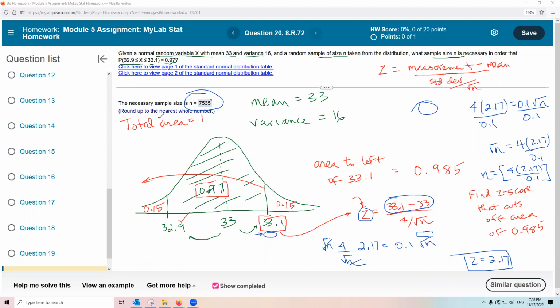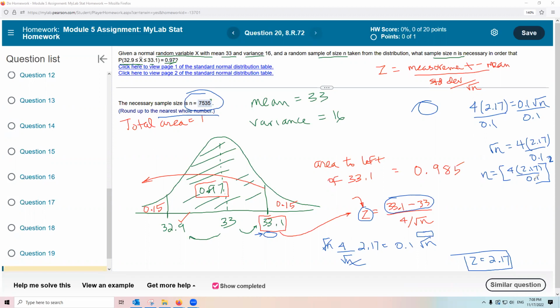Notice the instructions say round up to the nearest whole number. I'm going to work this out because I forgot to put the exponent 2 here. So I'm going to work this out on my calculator quickly just to get n. I'm going to do 4 times 2.17 divided by 0.1, and then that quantity squared.